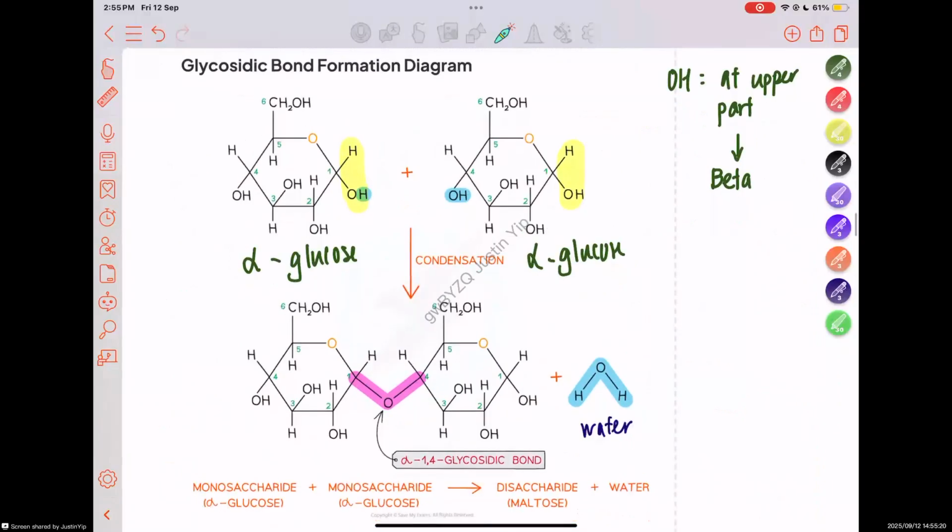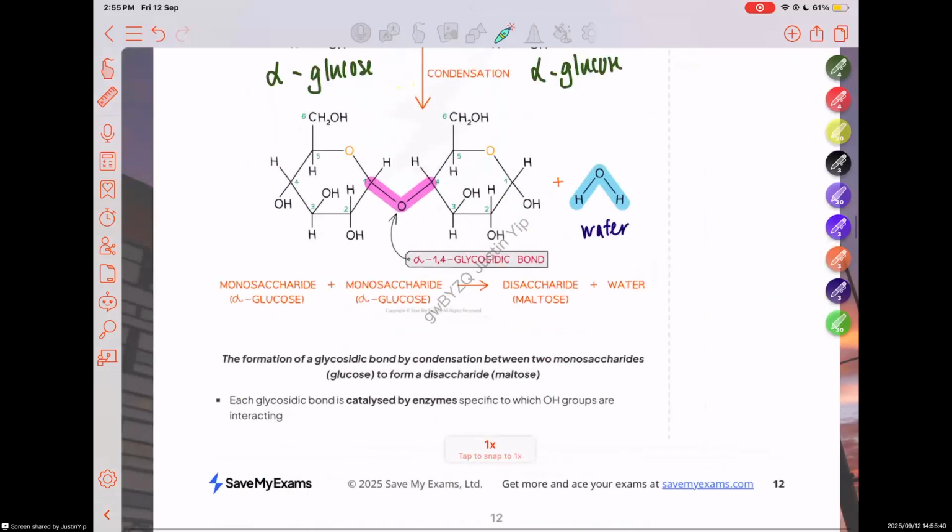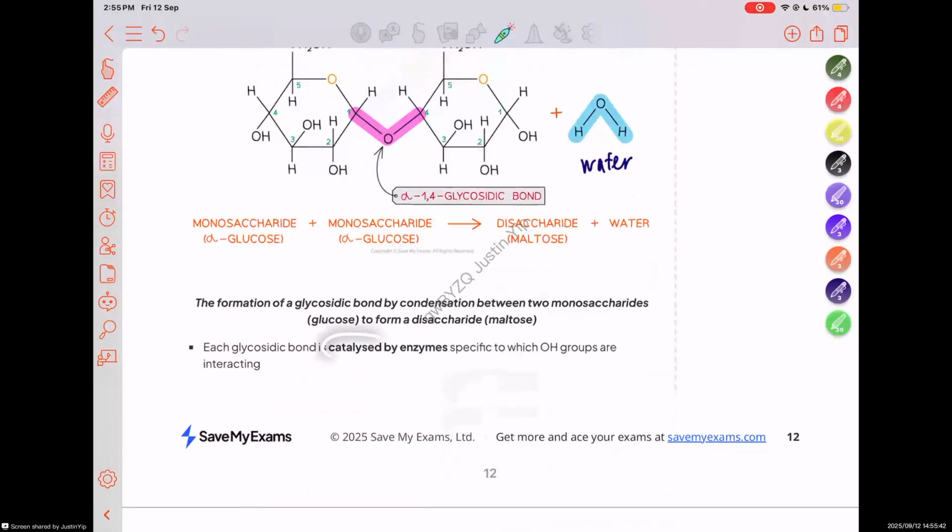Okay, so if you have more, you will form a lot behind. It's like a straight chain. So this is our glycosidic bond, and sometimes they are catalyzed by enzymes. What is catalyzed?